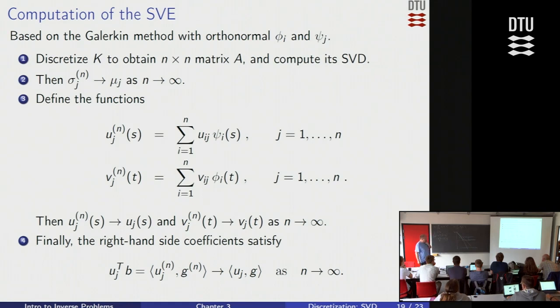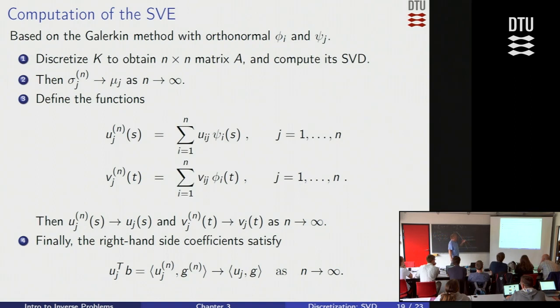So in these last slides here, I assume that we are using a Galerkin method with orthonormal basis functions to discretize the problem, because then we can do this theory here. There are also some papers about similar relations when you're using a quadrature method, but let's do it for the Galerkin method here, because then it's not too complicated to go through the arguments.